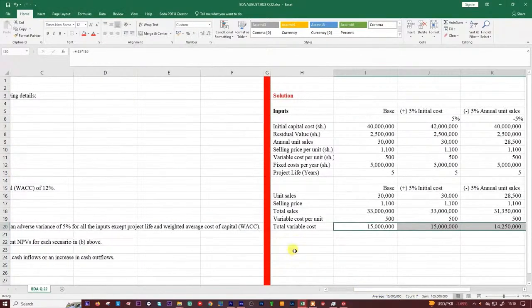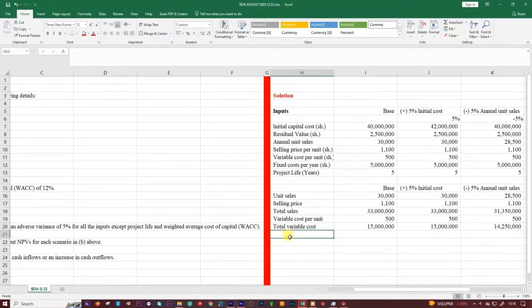Once we have the total variable cost, we can now pick the sales variable cost.